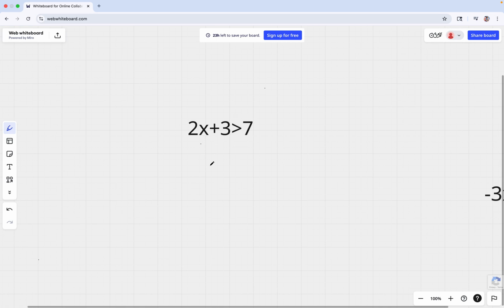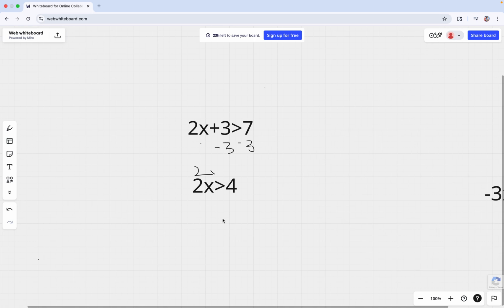So basically, you do the same thing, subtract 3 from both sides, because whatever you do to one side, you have to do to the other side. Then you'll get 2x, sorry for my handwriting, guys. I'll just type it. 2x is greater than 7 minus 3, which is 4.